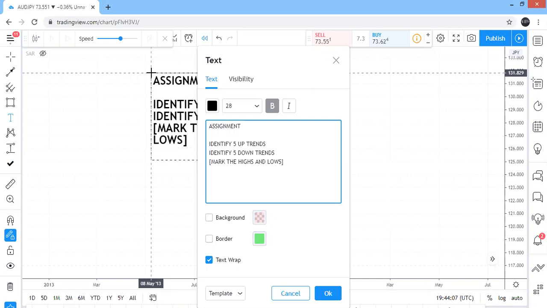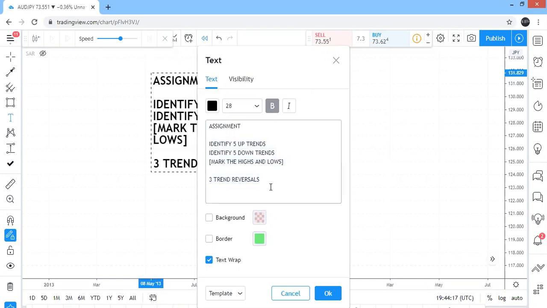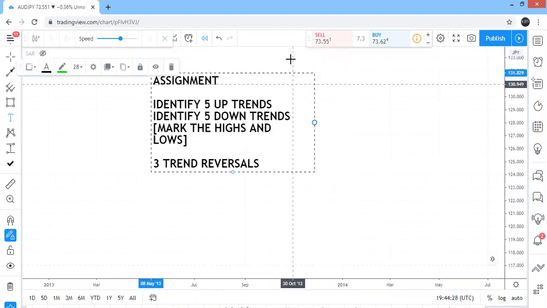Then, just want you to mark 3 trend reversals. 5 uptrends, 5 downtrends. Mark the highs and lows of your trends, and then mark up 3 trend reversals. This is what is required of you this very evening. Then tomorrow we'll continue into strategies. How we can maximize our trading using range trading strategies and trend trading strategies.